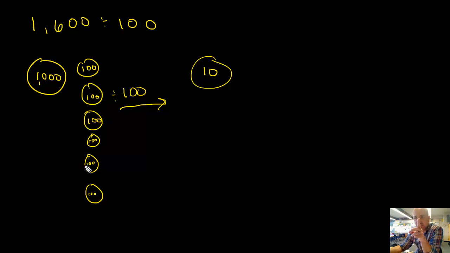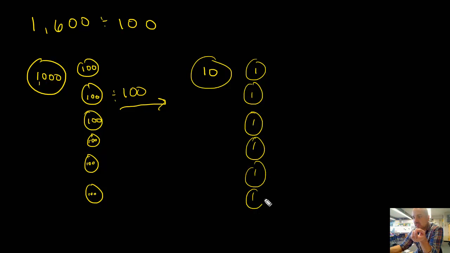So 600 divided by 100 would be 6. I have 6 of these hundreds and they all are divided by 100. So looking at my quotient, I have 10 and I have 6 in the ones. So ultimately my quotient is 16.